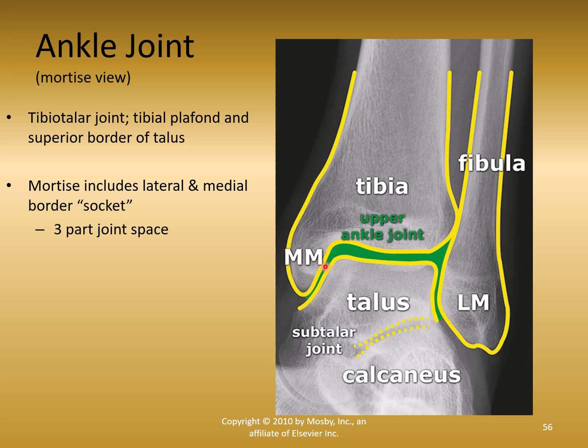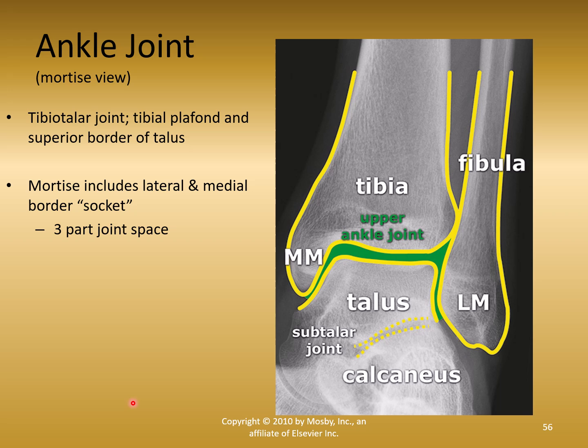If you follow the pointer, all of this, and all of this, all the way around that beautiful talus is open. That is the Mortise joint. That is how we know that this patient's foot was rotated medially 15 to 20 degrees to place the intermalleolar line parallel to the IR, because we are looking at the joints, the entire Mortise joint open.